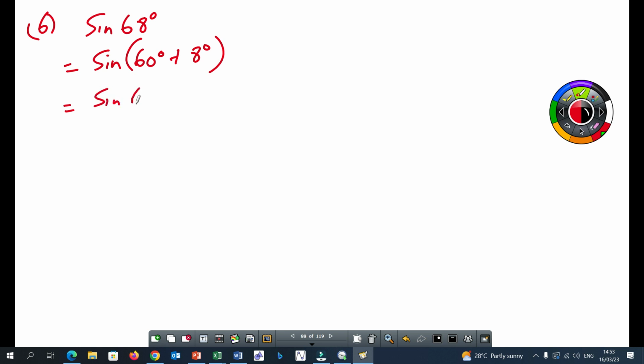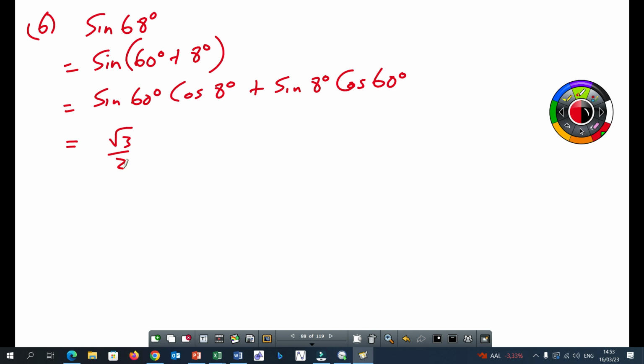So this will be sine 60 degrees. But some of you, for some reason, I don't know why, lose concentration. So compound angle, number 2a there. This will be cos 8 degrees plus sine 8 degrees cos 60 degrees. Are you following? Right, this will be equal to square root of 3 over 2 times cos 8.